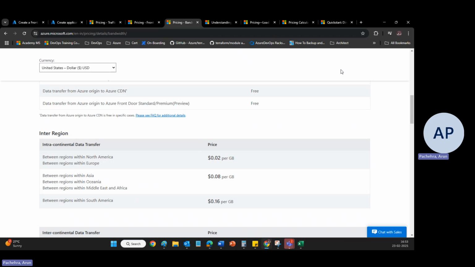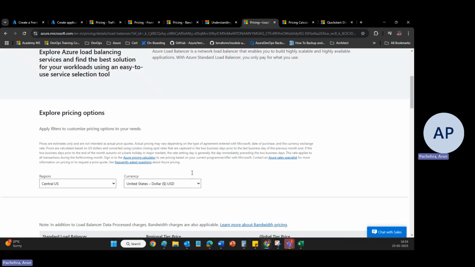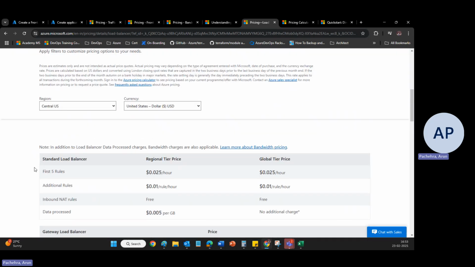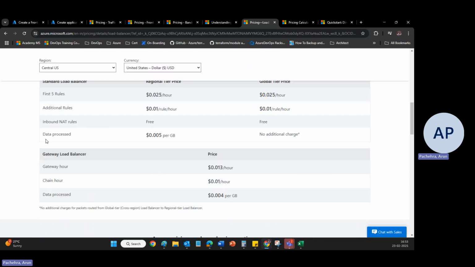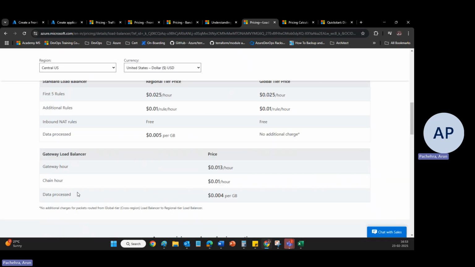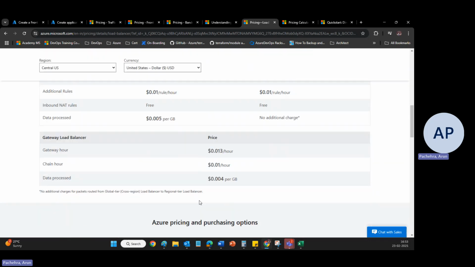But when we were checking this on our load balancer, you found there was a little disagreement there. Data processed is 0.005 per GB. Okay, data processed. Now this data processed is both incoming and outgoing.